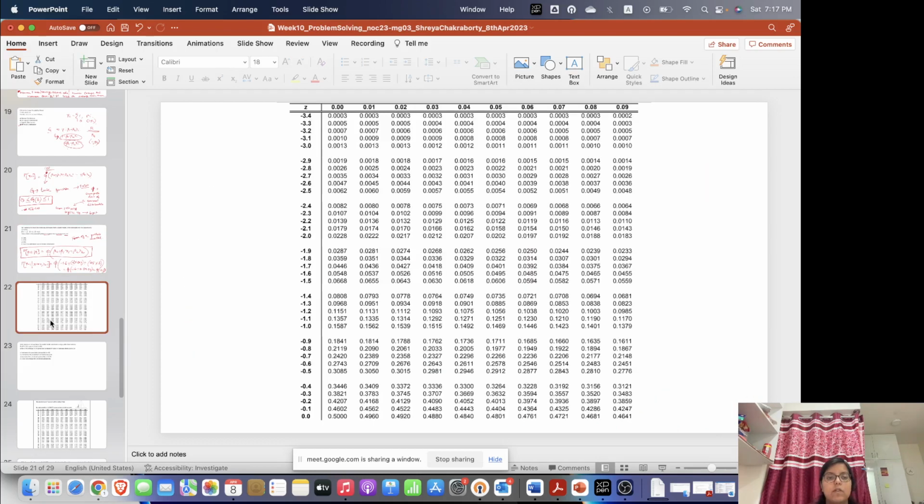Okay, so from the table, this one is the standard normal table, and these values like phi of minus 3.4 is 0.0003.